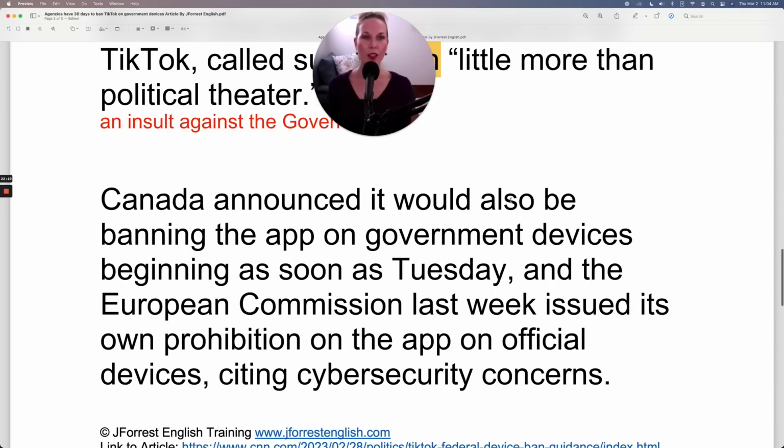Canada announced it would also be banning the app on government devices. Now here, it would also be banning the app. Right now, is the app banned in Canada? If I say the government announced it would also be banning the app, today, the app is not banned, but is going to be banned in the future.